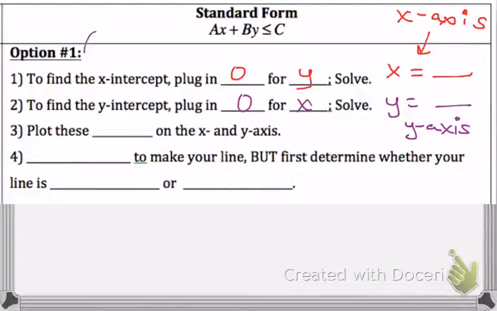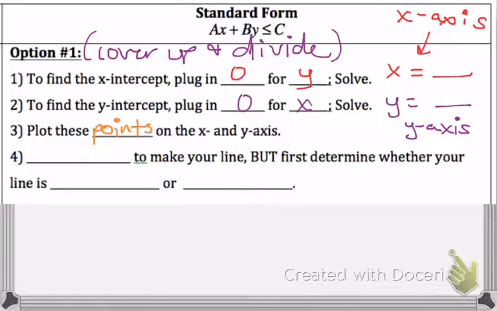So this is also known as cover up and divide. So then we plot these 2 points on the x and y axis.